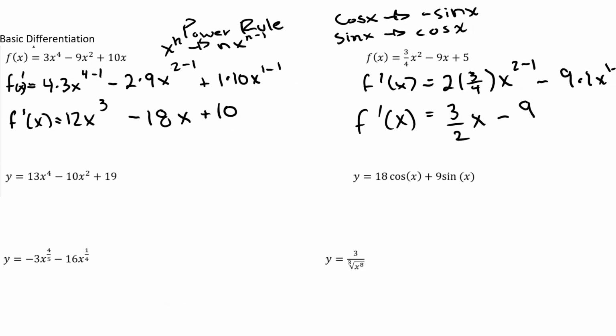Next up, this one's written in terms of y equals, so we're going to use dy dx, our alternate notation for a derivative. Pull down that exponent. 4 times 13, x to the 4 minus 1, minus 2 times 10, x to the 2 minus 1, plus 0.